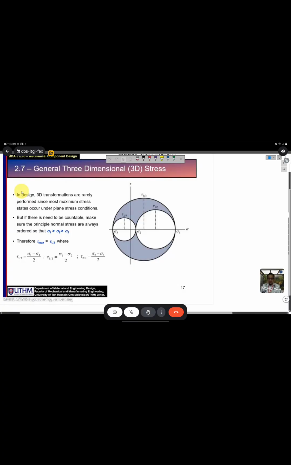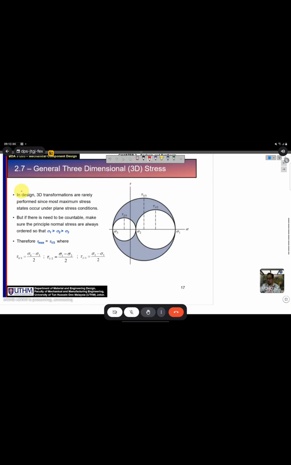In the 3D analysis, let's say you have 3 principal stresses. Previously we just discussed plane stress, where we have sigma 1 and sigma 2, and sigma 3 we assume 0.